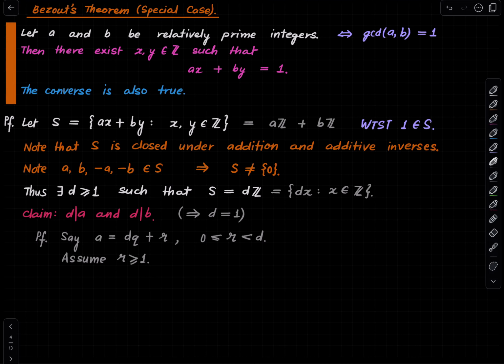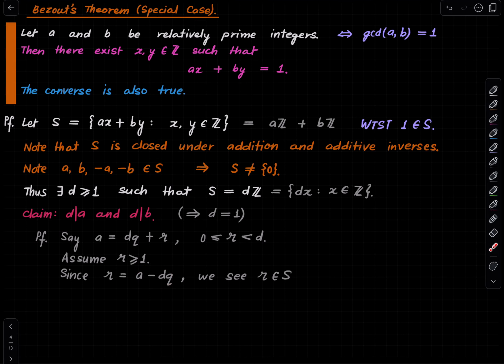So R is at least 1, and now note that since R is A minus dq, we see R is in S. Right? A is in S, D is in S, hence dq is in S, hence A minus dq is in S. S has the two properties, closed under addition and additive inverses, which shows that this is there in S. So R is in S.